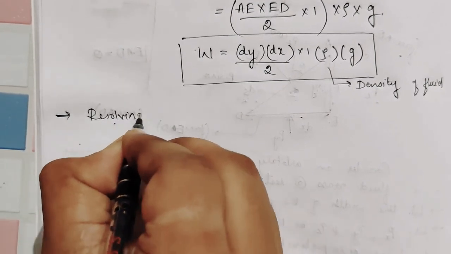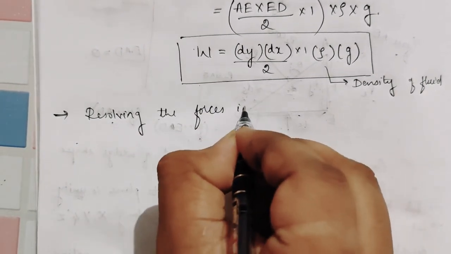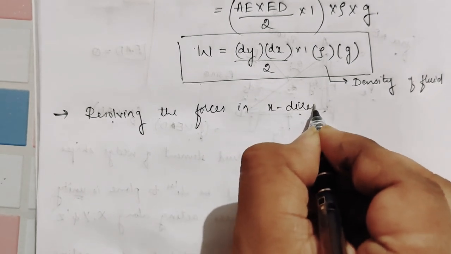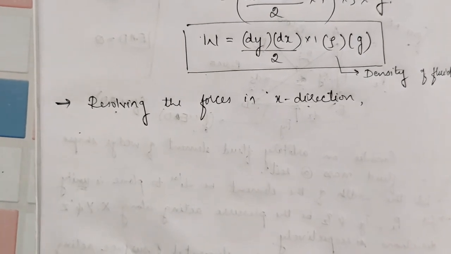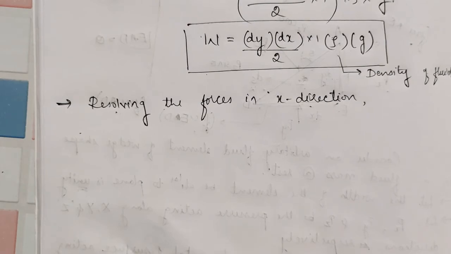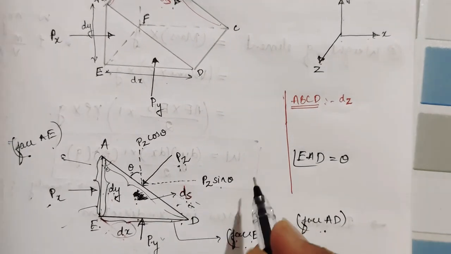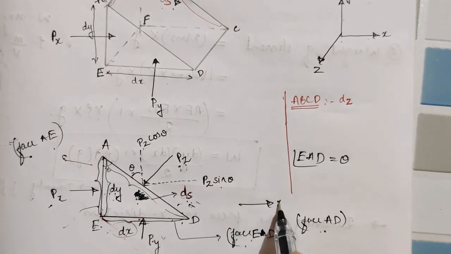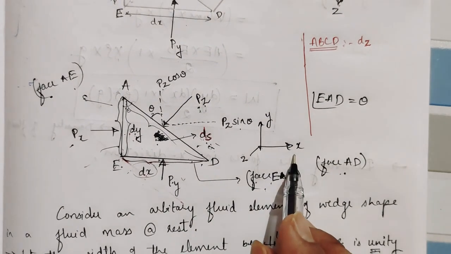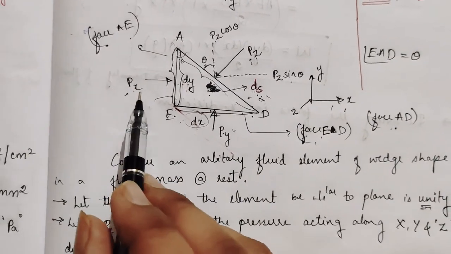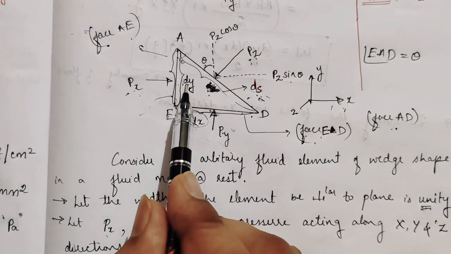So resolving the forces in x direction, whatever force is coming in the x direction, I'll take. What is the x direction? This is x, y, and this is z. The force coming in x direction is Px, so Px into dy area into 1.